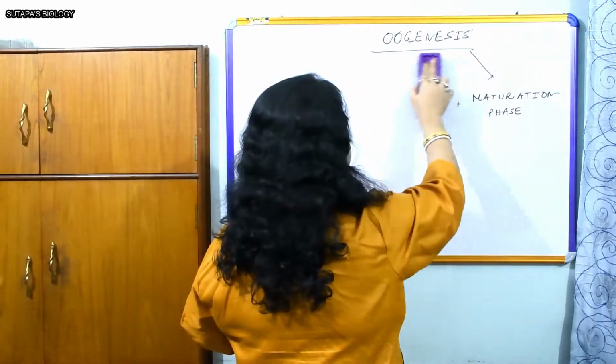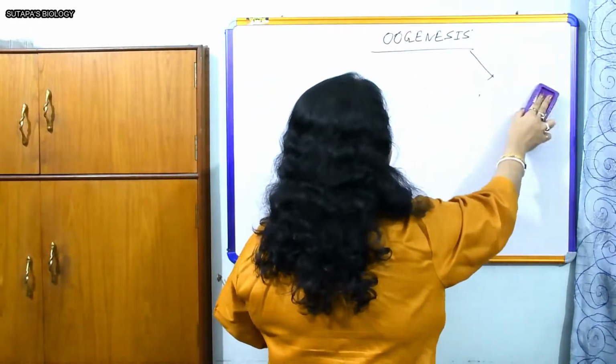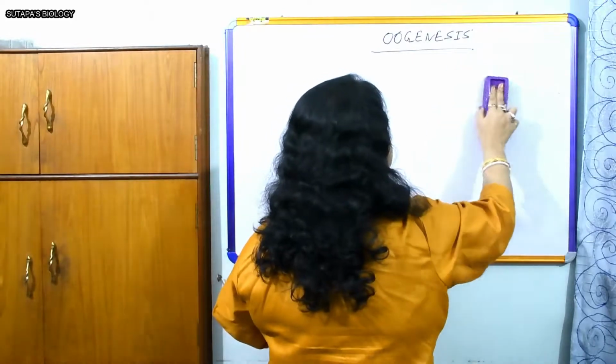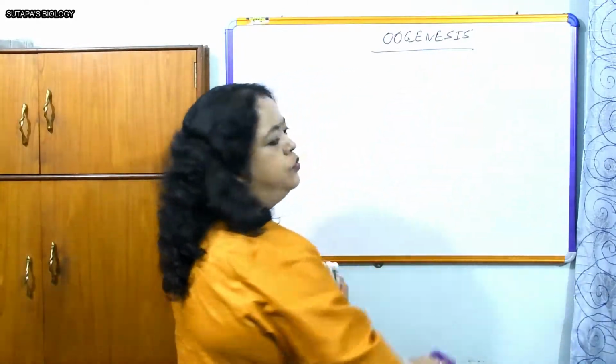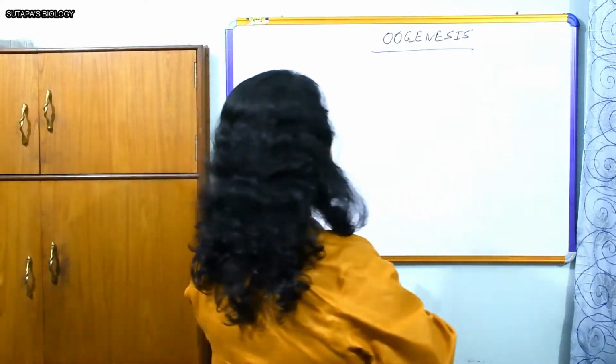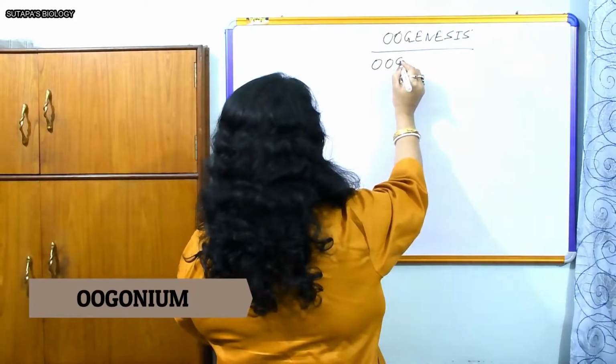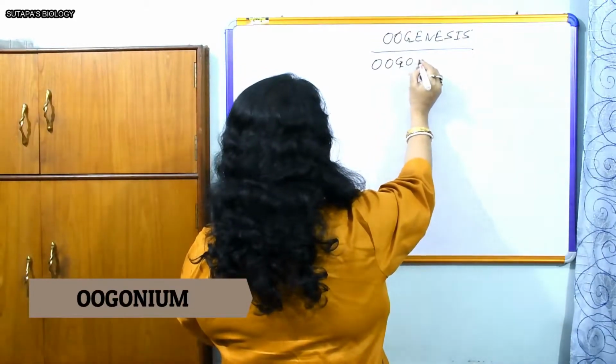It starts from the germinal epithelium, and that's known as oogonium or ovum mother cell or egg mother cell. The scientific term is oogonium, like the spermatogonium in spermatogenesis.